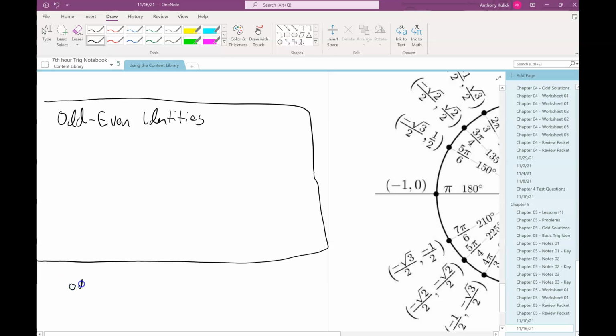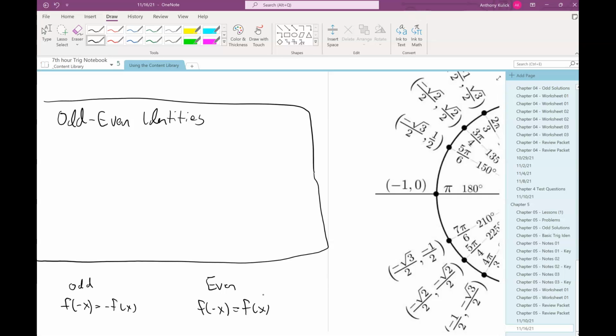So these odd-even identities are going to be relying on this property of odd and even functions that we discussed way back in the first chapter. Do those look vaguely familiar? It's been a minute.